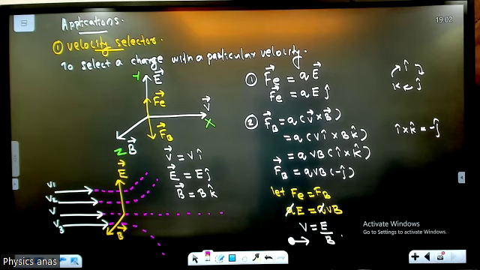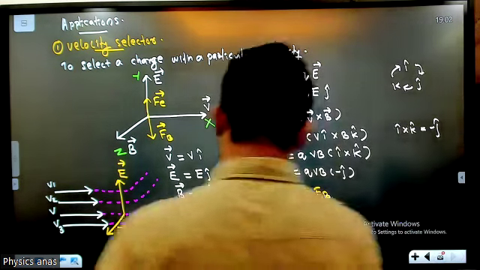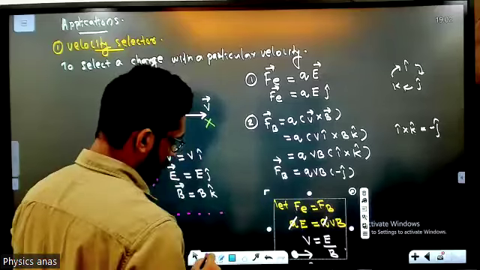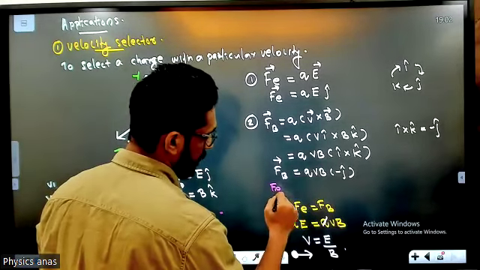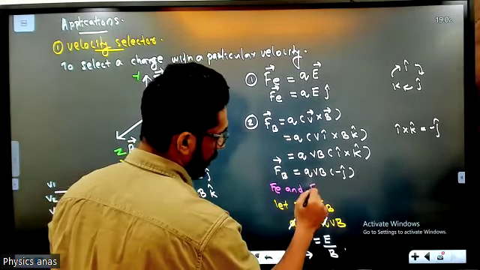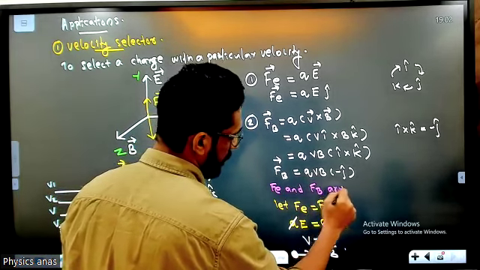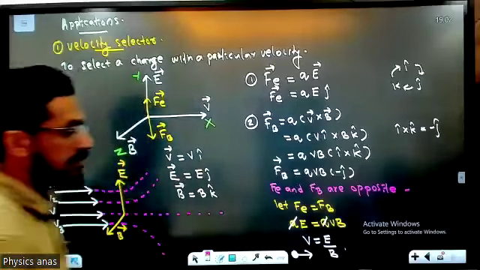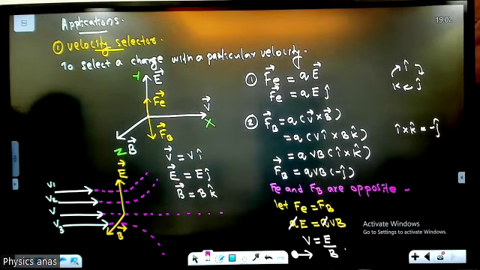FE and FB are opposite. Let FE be equal to FB.